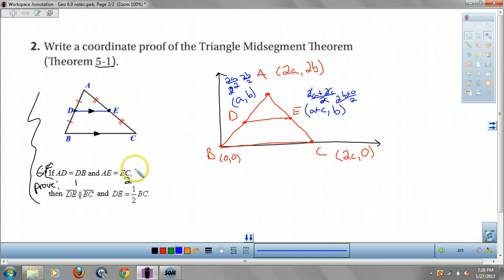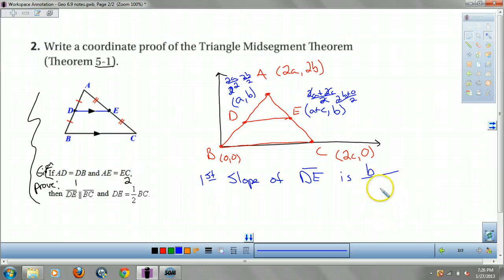Let's do the proof. First, what slope of DE is. Now what's our slope formula? Our slope formula is my change in y over my change in x, right? Put E first. So that's my E points.